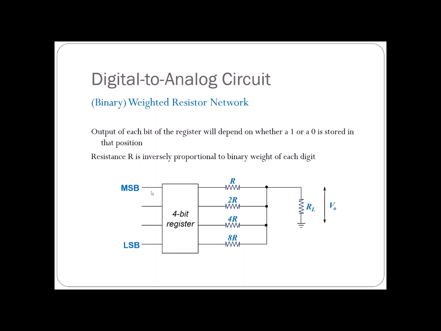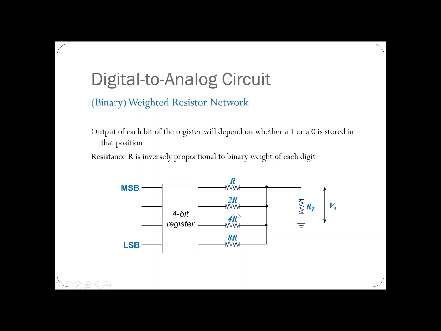Each bit only has a 0 or 1 value, right? And then we tap each of these digits and pass it through this pin, from the MSB, the most significant bit, to the LSB, the least significant bit, one by one. And then we connect each of them to the following resistor.